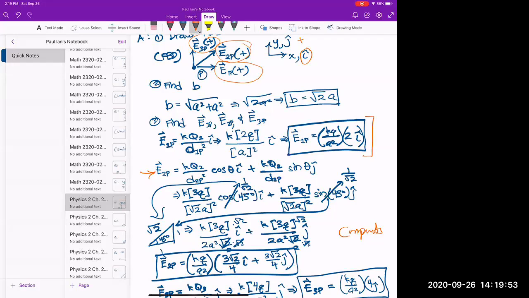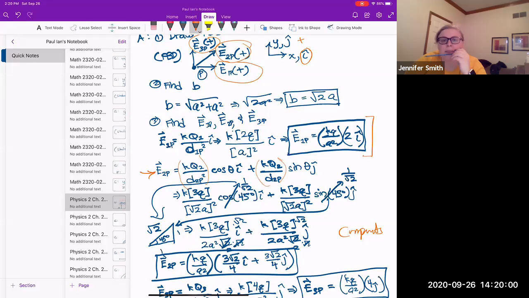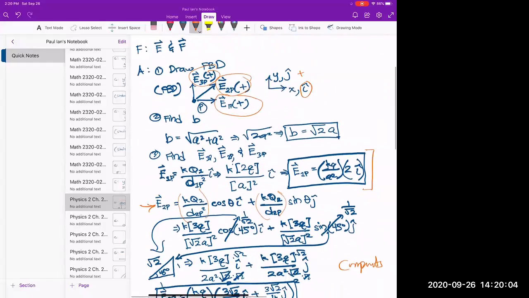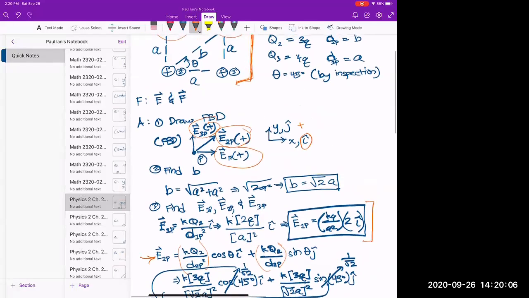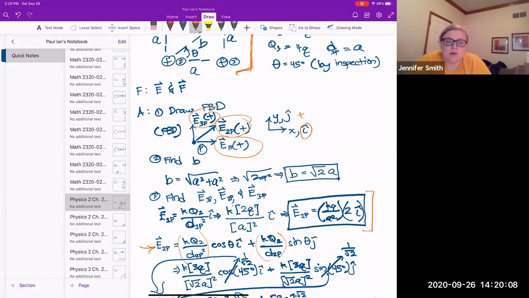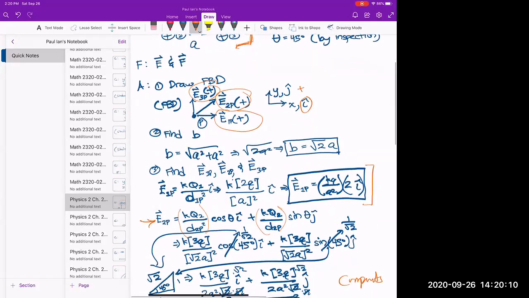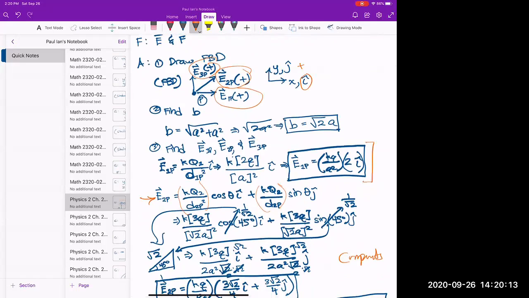Okay. So like for X, for example, like this. First of all, this first part is going to be the same. Yeah. Right? Like for X and Y. The KQ over D, that's just your electric field equation. Yep.